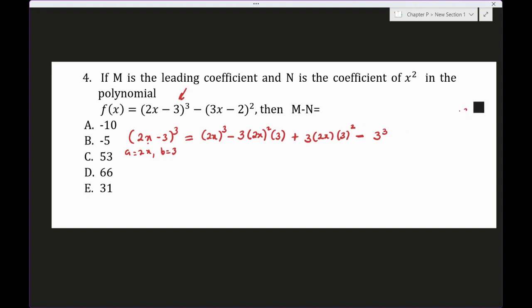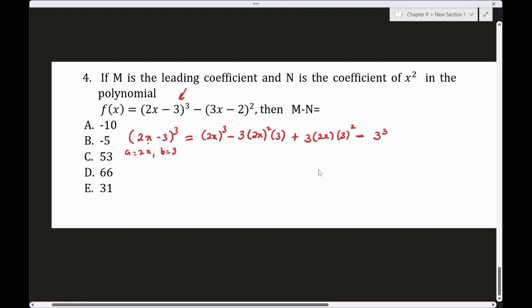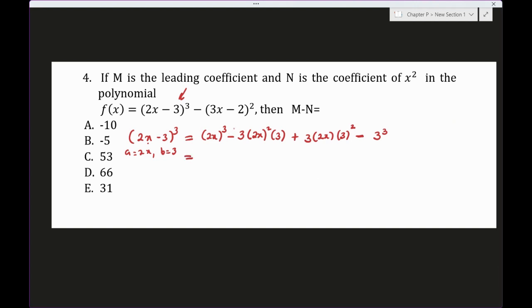So let's remove all of this. Now, what is this one? This will give us 8x cubed minus. Now here, you see this is 3 times 3, which is 9, but this is 2 squared, so 2 squared is 4. So you have 4 times 9, which would give us 36x squared.